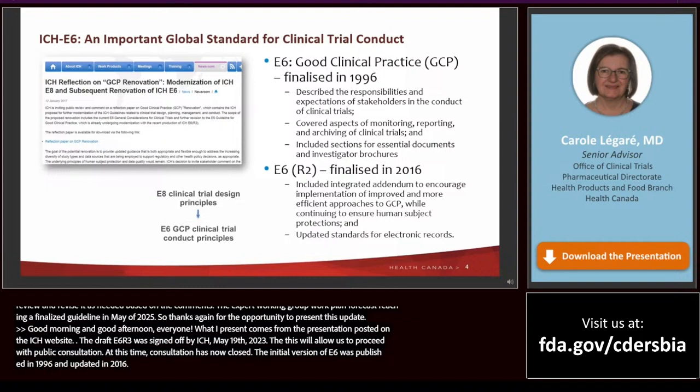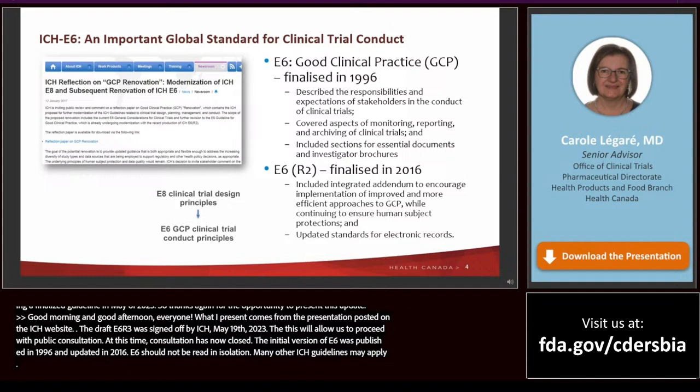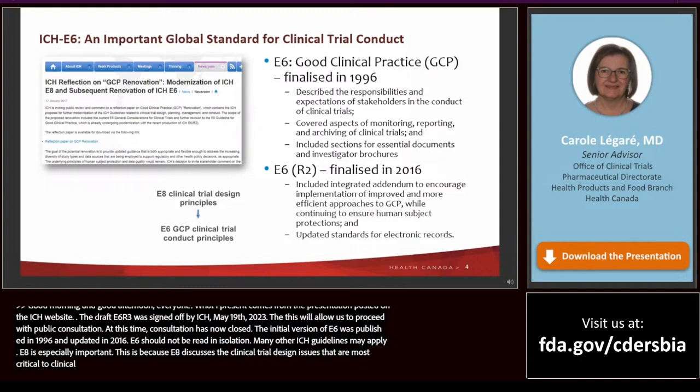E6 should not be read in isolation. Many other ICH guidelines may apply, but E8 is especially important. This is because E8 discusses the clinical trial design issues that are most critical to clinical trial quality.